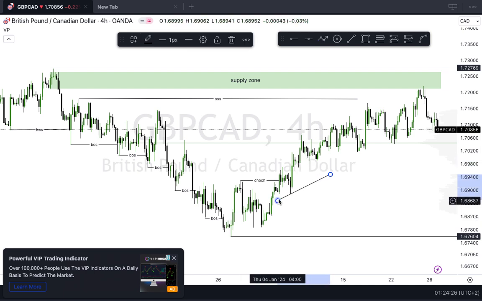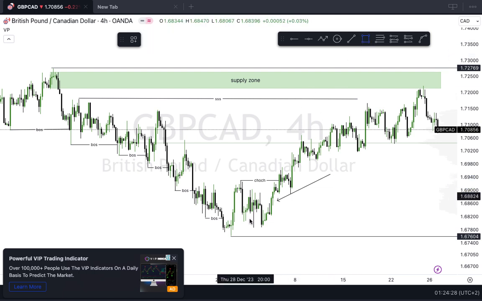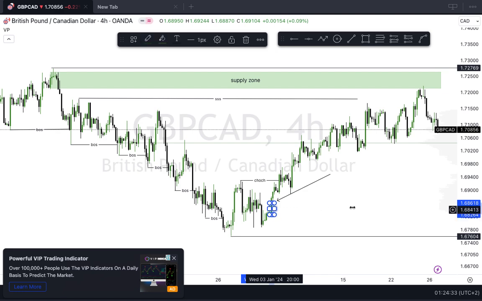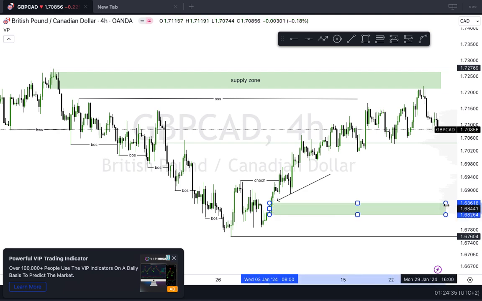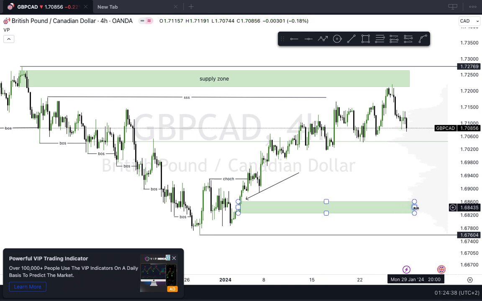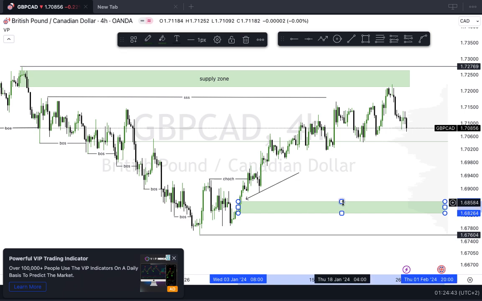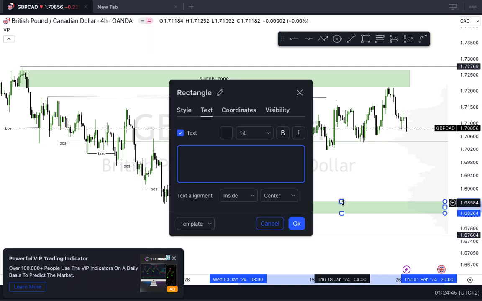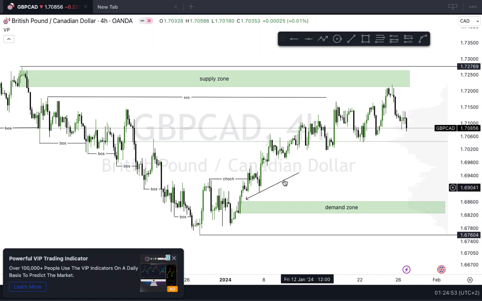So we need to mark that candlestick as our untested demand zone, right? Let's just move this to here. We have our untested demand zone there.